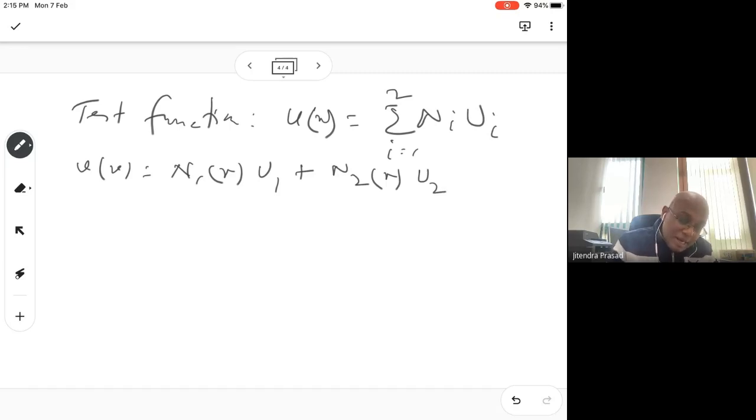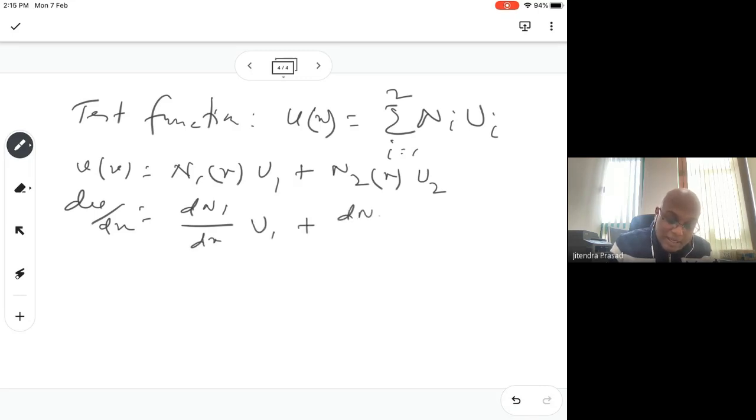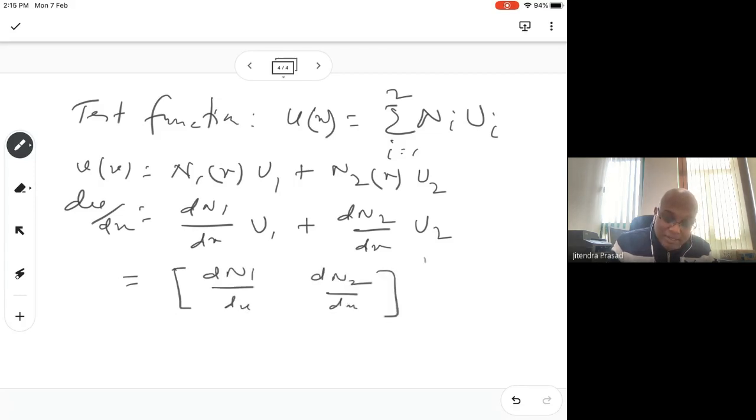That means du/dx equals dN1/dx times u1 plus dN2/dx times u2. We can write it as dN1/dx, dN2/dx multiplied by u1, u2. This is what du/dx is.